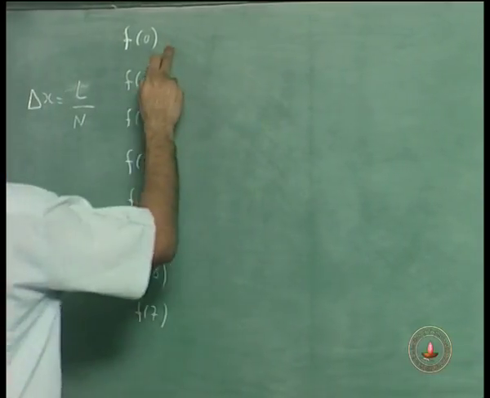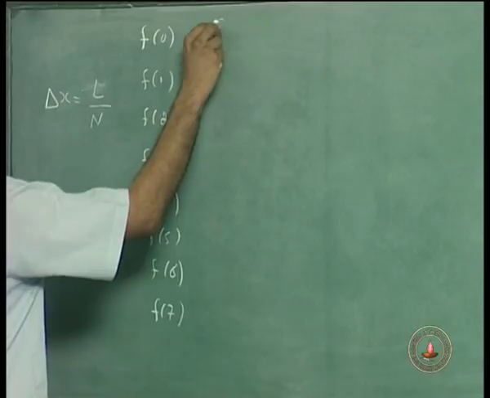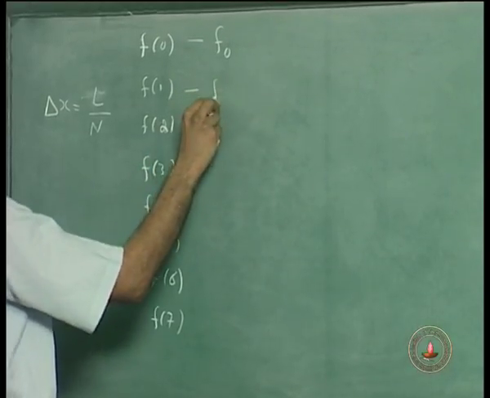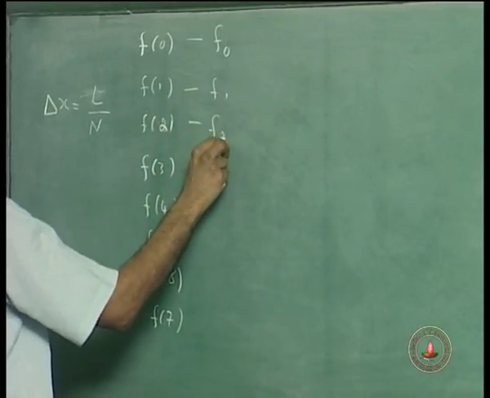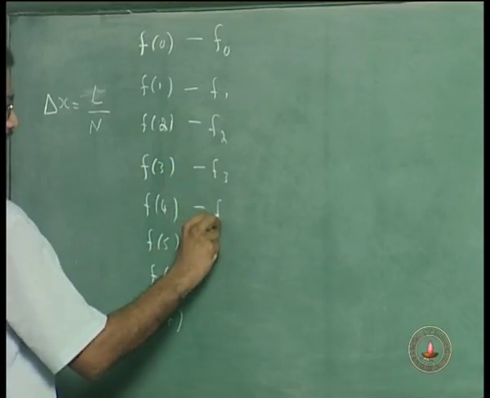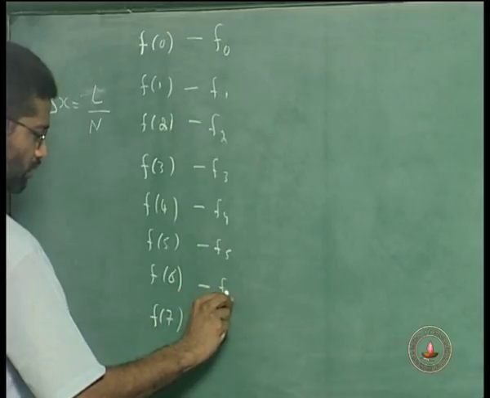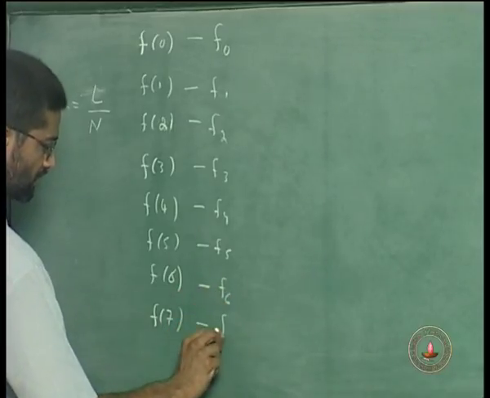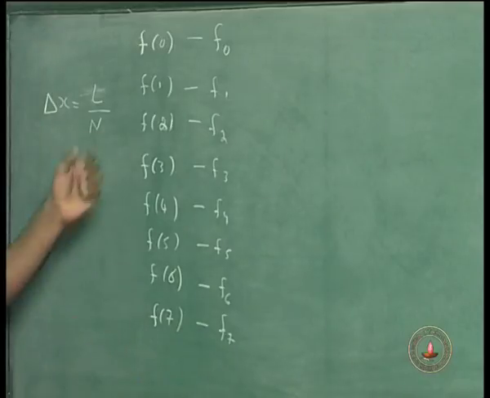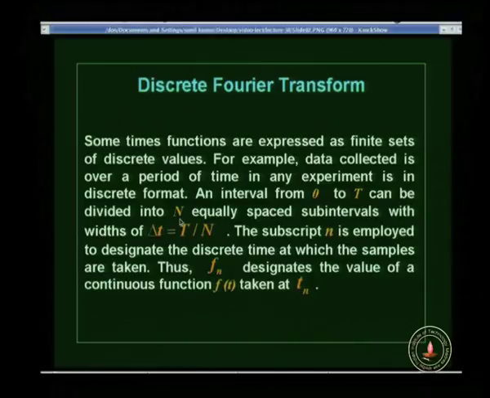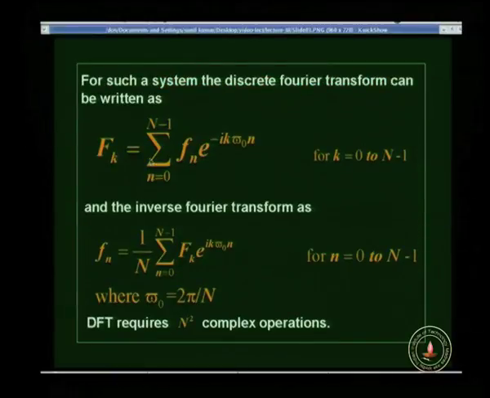The notation we were using is that f0 is written as f subscript 0, and then f1, f2, f3, f4. So we use this notation fn as the function value at the n-th point. We divide the total interval into n equal intervals and denote the function by fn. That's what we looked at, and then we want to compute the Fourier transform.